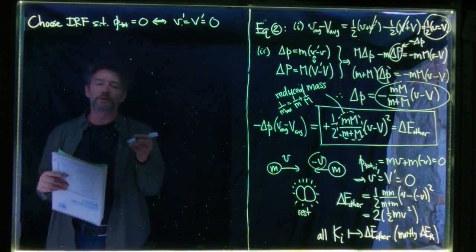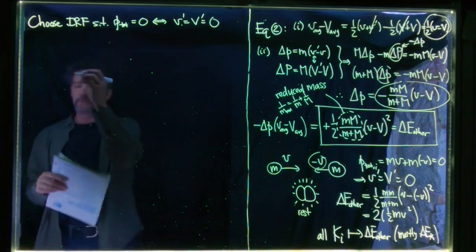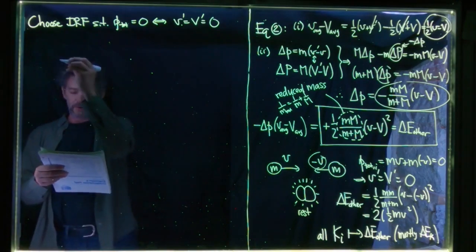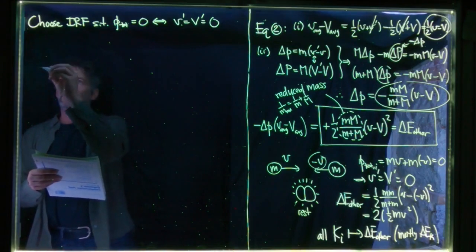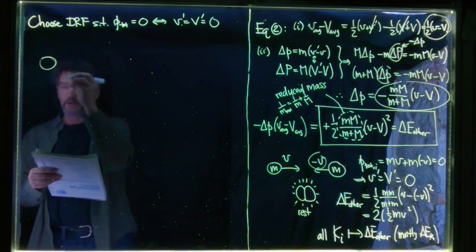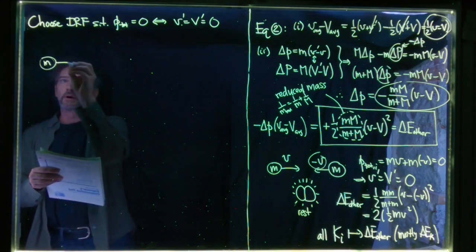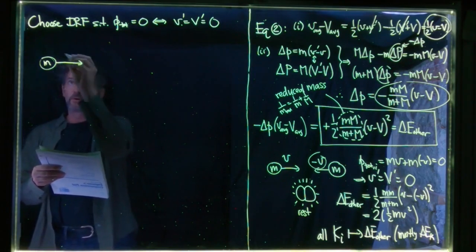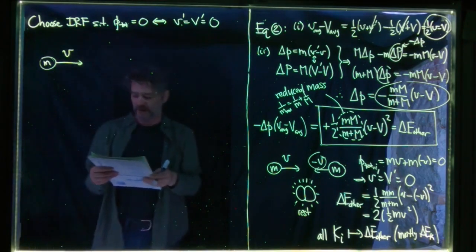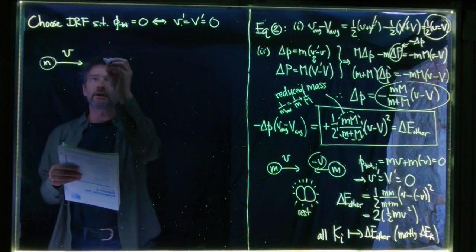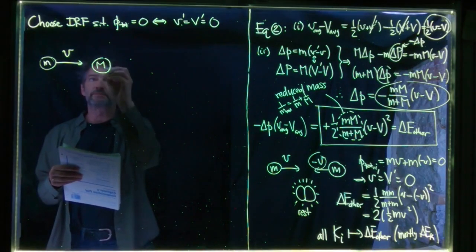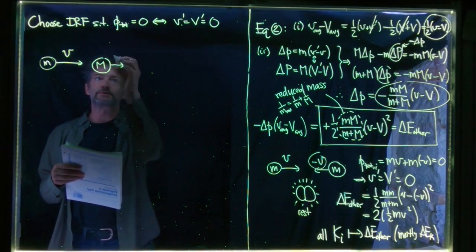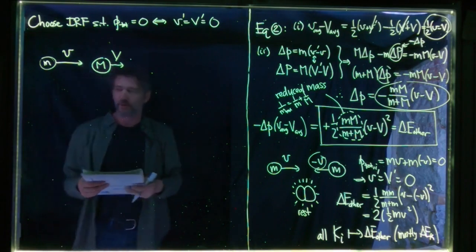Okay, so let's imagine, just to fix ideas, that we've got an object of mass little m moving to the right with a speed v, relatively fast, and it's chasing after an object of mass big M moving to the right more slowly.